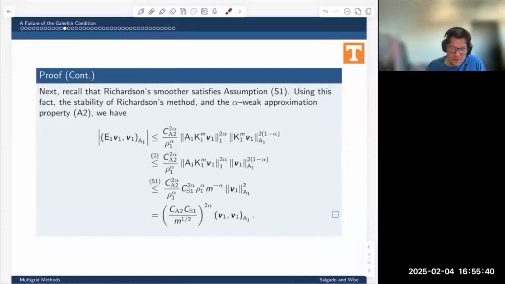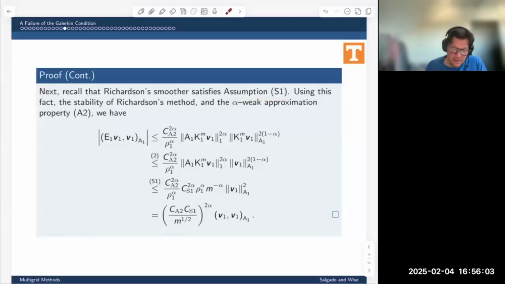So next, we're going to recall that the Richardson smoother satisfies assumption S1 just on face value. That's because of the structure of it, and it doesn't really care that the Galerkin condition changes. It has nothing to do with Galerkin. So as long as I'm using the Richardson smoother, it's going to satisfy assumption S1.